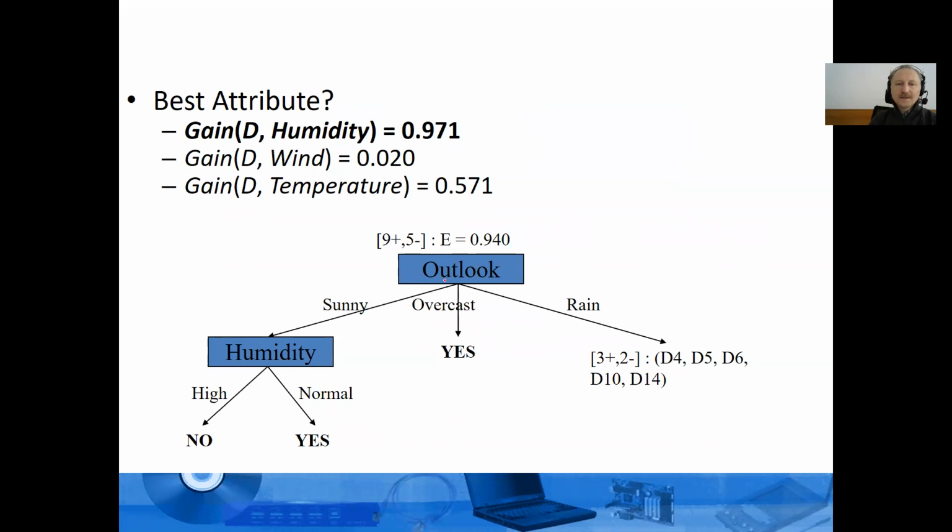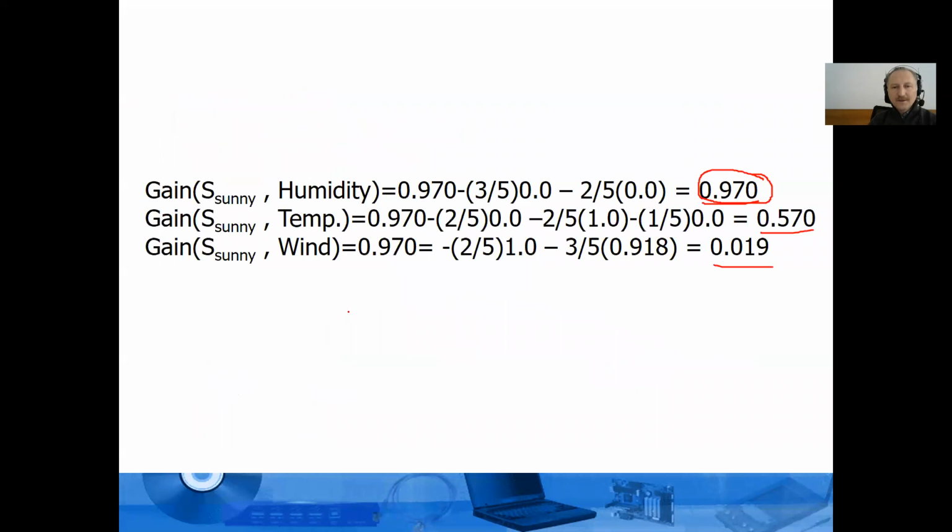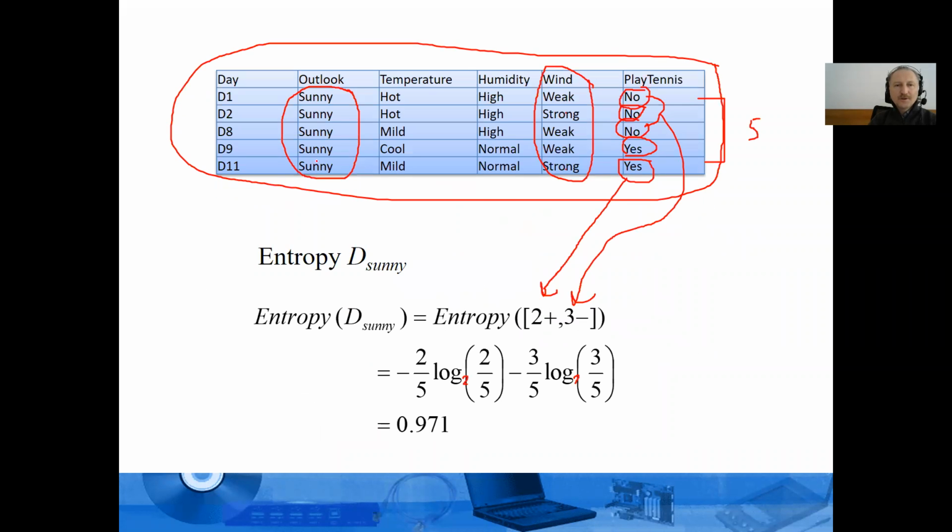Next we are going to do sunny and humidity. The next branch, in the direction of sunny, will be humidity. We find that this branch from outlook if sunny.